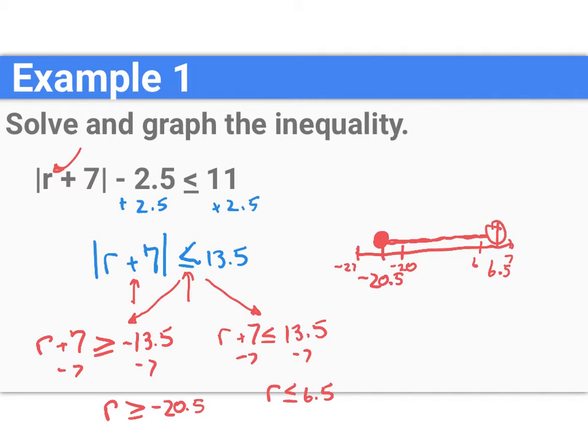So if you put 6.5 in here, let me show you why it won't work. So the absolute value of 6.5 plus 7, minus 2.5, is less than or equal to 11.